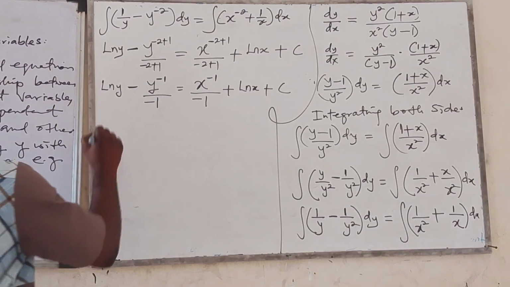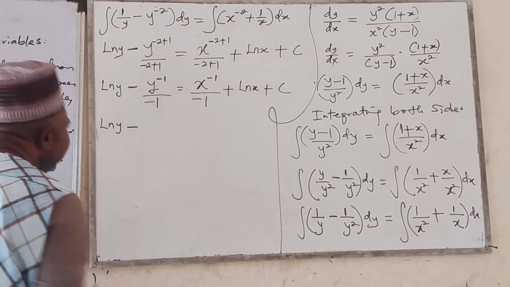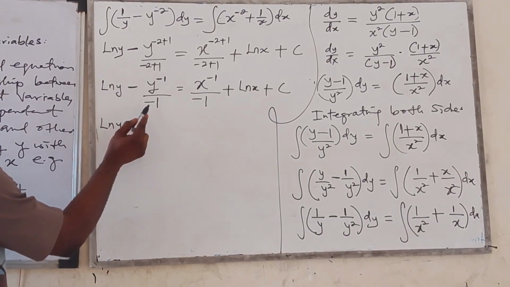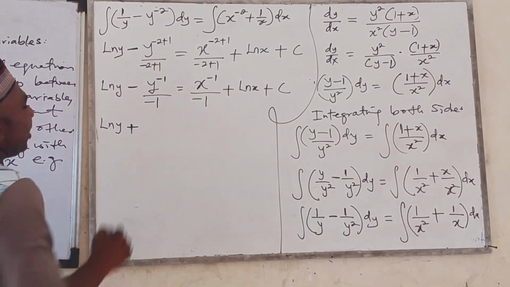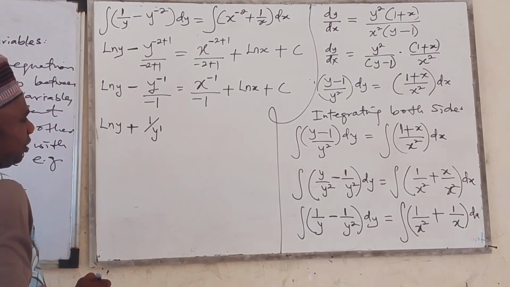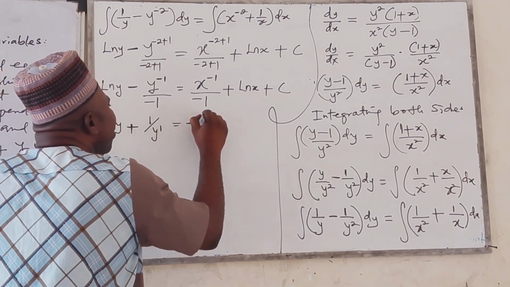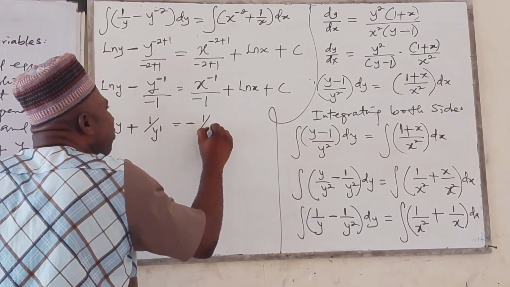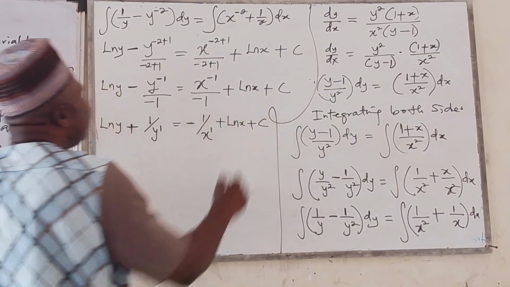So this is the same thing as saying ln y minus. Now let's look at this. There's a minus here and there's another minus here. Minus divided by minus is plus. Now this y raised to the power of minus 1 is the same thing as 1 all over y raised to the power of 1. Now this is equal to minus 1 all over x raised to the power of 1 plus ln x. Then here we have plus c.